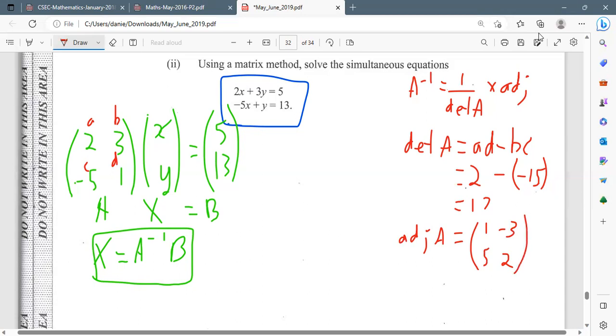Right, so the inverse, putting it all together, will be 1 on 17 by 1, minus 3, 5 and 2. Alright, so that'll be the inverse. So we could expand it out, but we won't do that as yet.